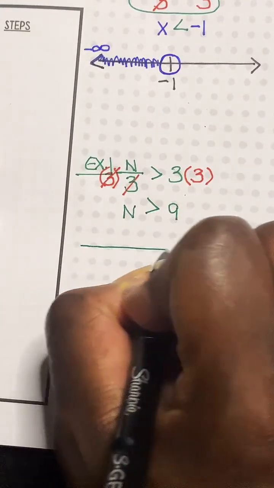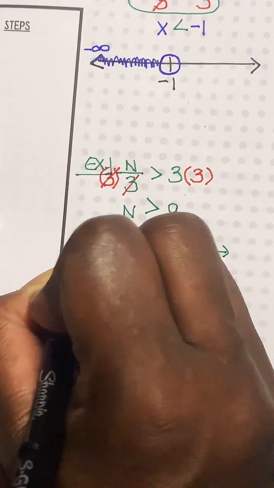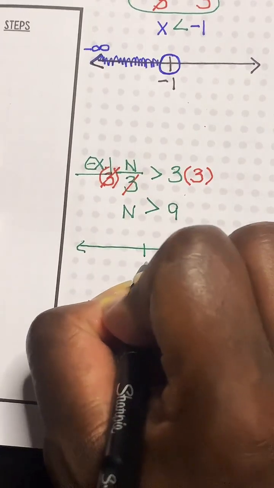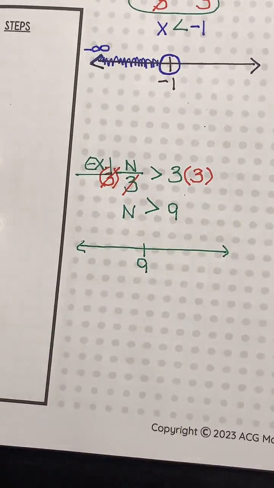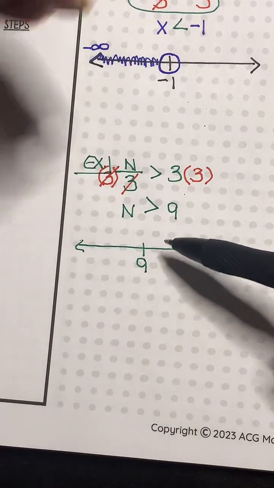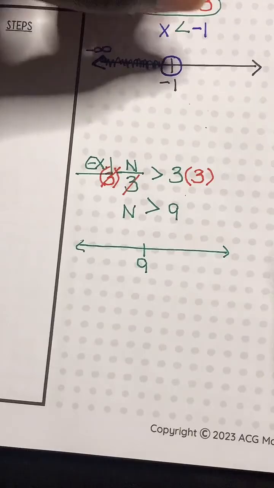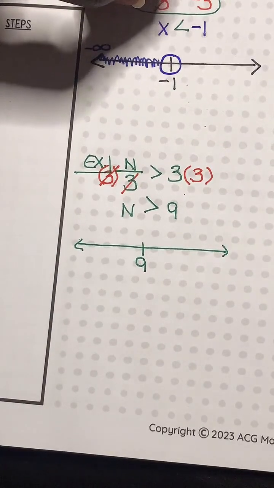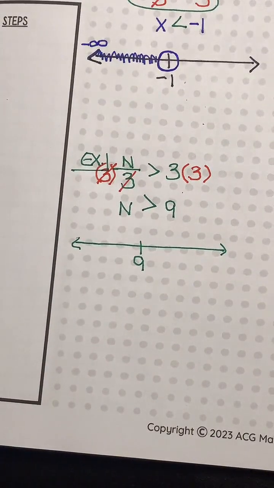So if I have my number line, I'm going to stick my 9 right here. Now, will it be open or closed? Okay, we got open.